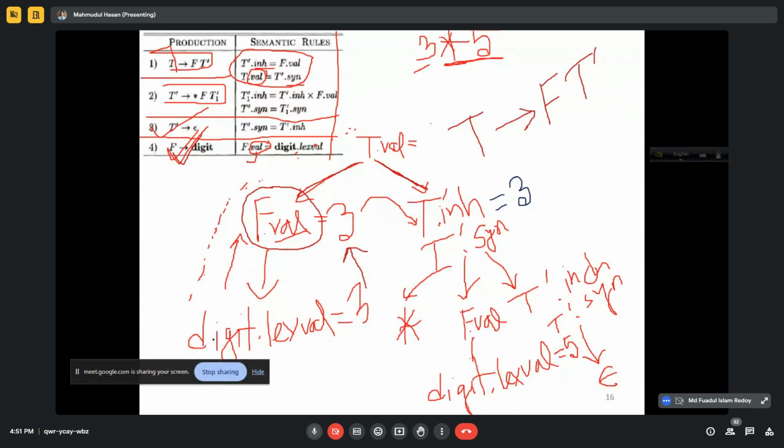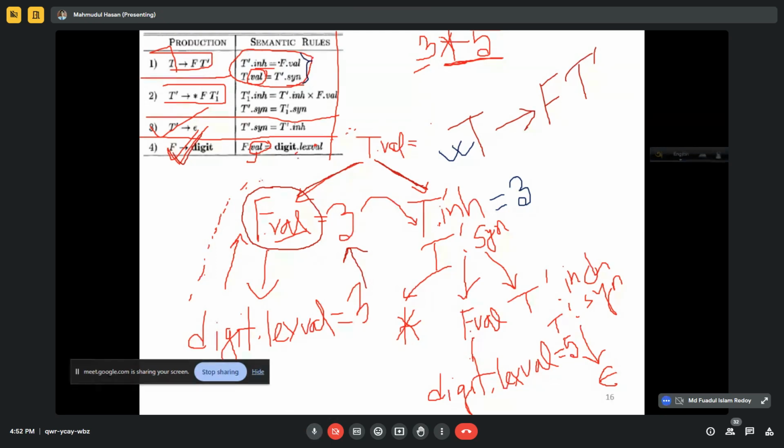Okay, so here this one is an inherited attribute, so you need to consider T to F T dash, this production rule. If you consider T to F T dash, there are those semantic rules.